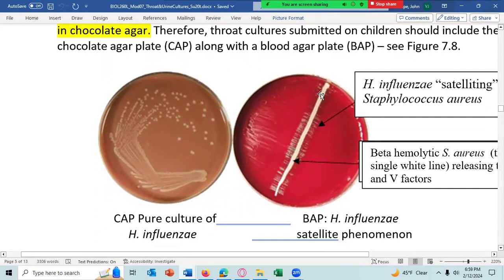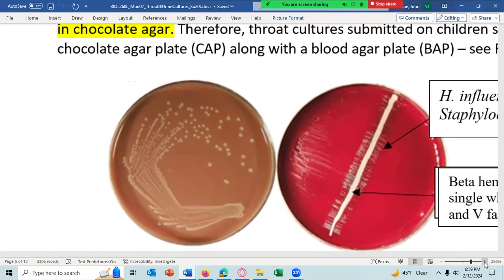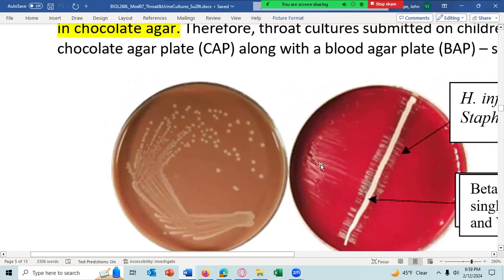And that's what that thick line is. Let me blow this up. And then you streak the Haemophilus influenzae in this region through the streak of the Staphylococcus aureus. And if you notice, the Haemophilus influenzae is not growing in this region of the streak, but it is growing around the streak of Staphylococcus aureus.